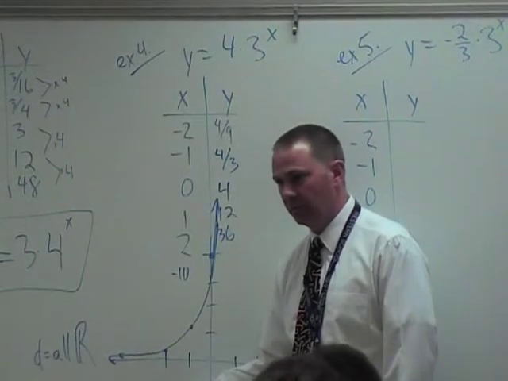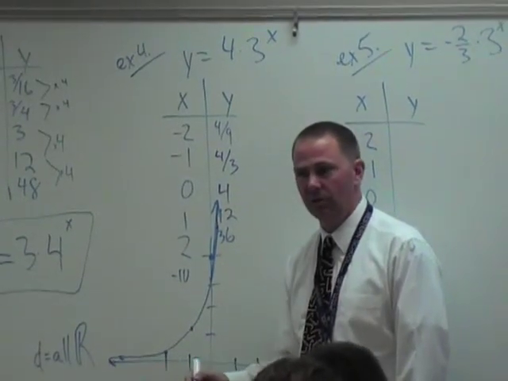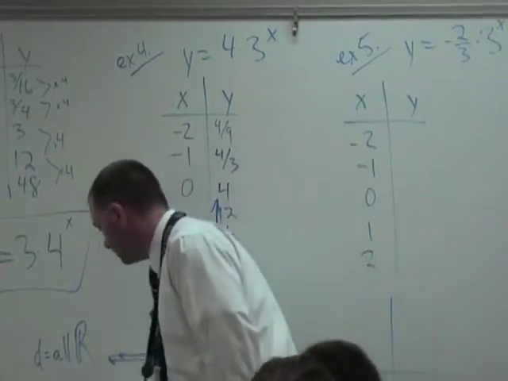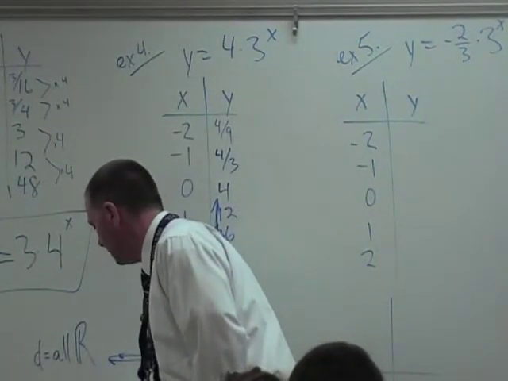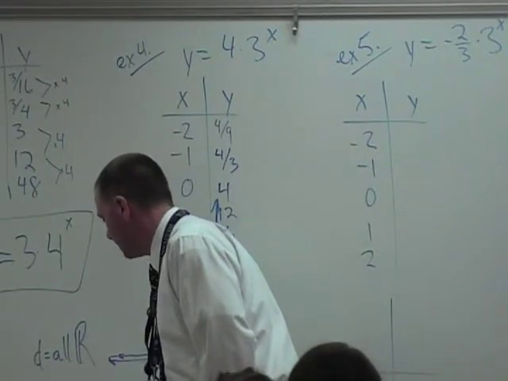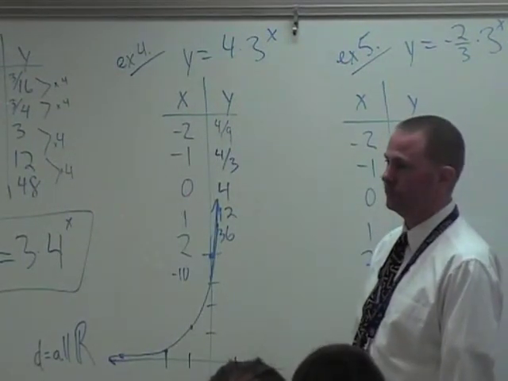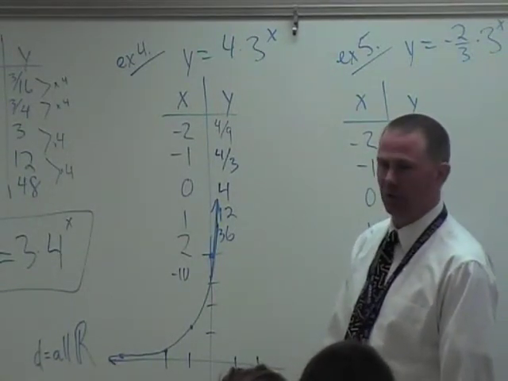So negatives, no. What about 0? Does it ever touch the x-axis? No. So why don't we say all positives? So y, your range, is going to be greater than 0. Or just say all positives. That'd be fine. I'd rather you say all positives.